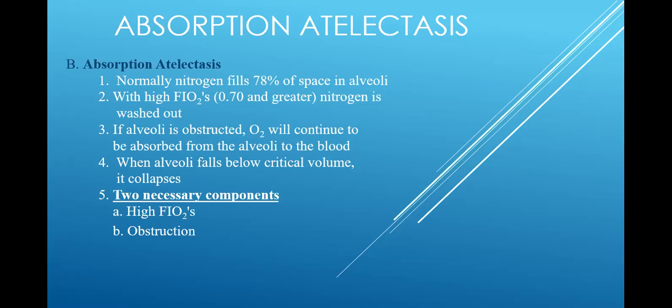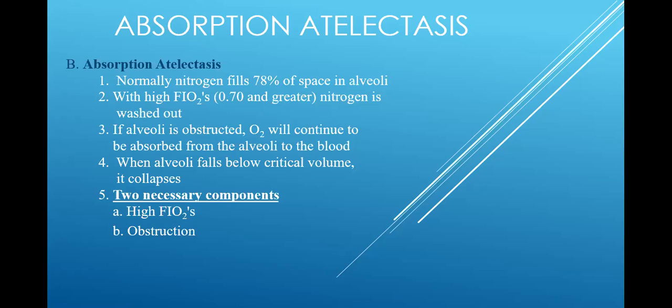So absorption atelectasis is because you're going to continue to absorb oxygen; high levels of FiO2 accompanied with an alveolar obstruction will then wash out all of the nitrogen and collapse, right? So what are the two necessary components? High FiO2s above 70% or more, and what?